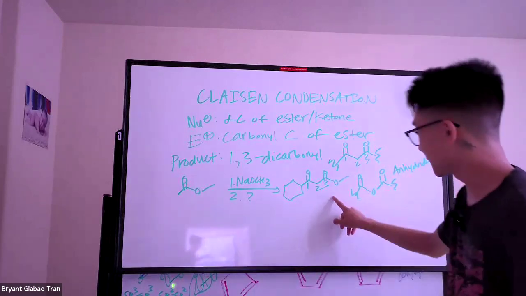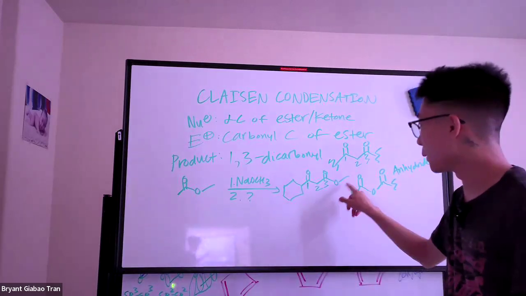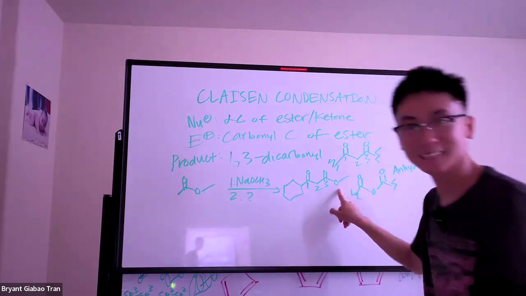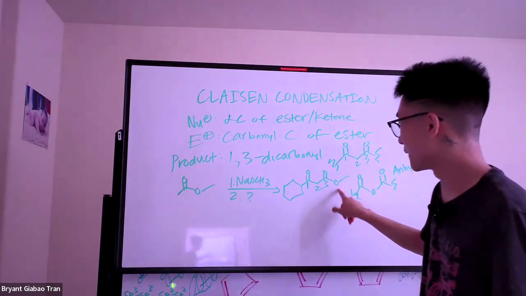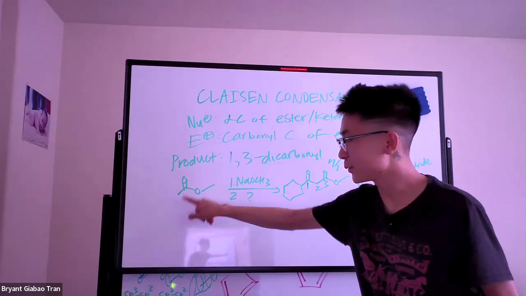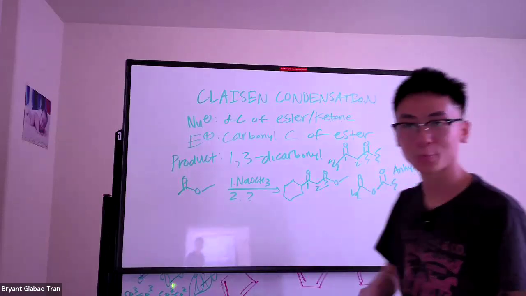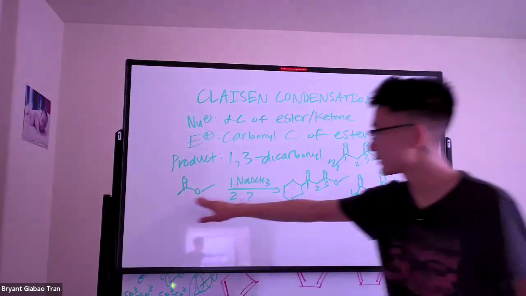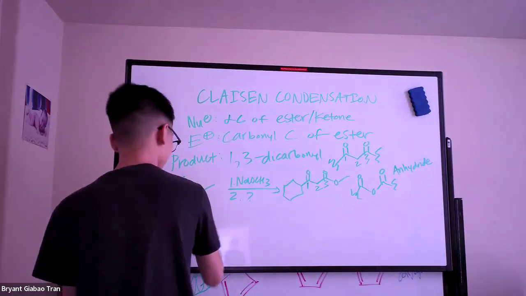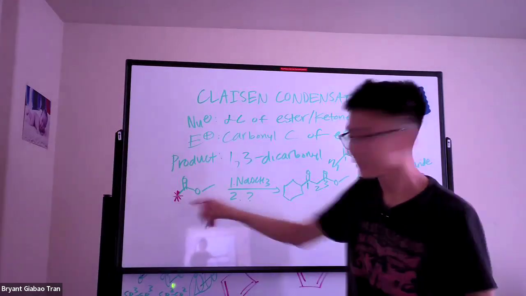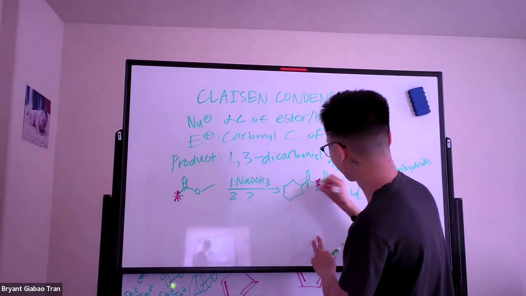In this product here, that OR group of this structure right here stays the same. If that's the case, would this be the nucleophile or the electrophile? Like this whole part here. Nucleophile, right? Where the nucleophile is this alpha carbon right here.